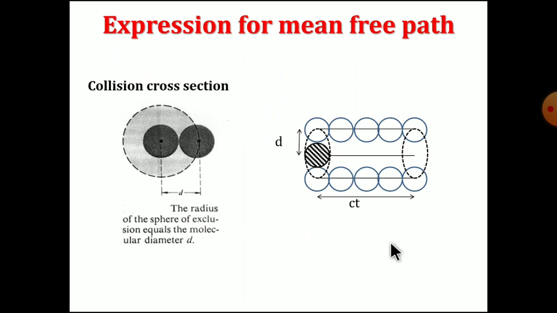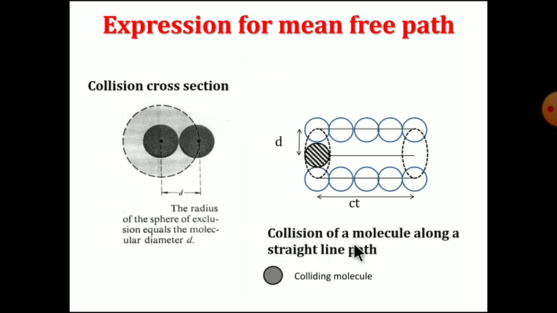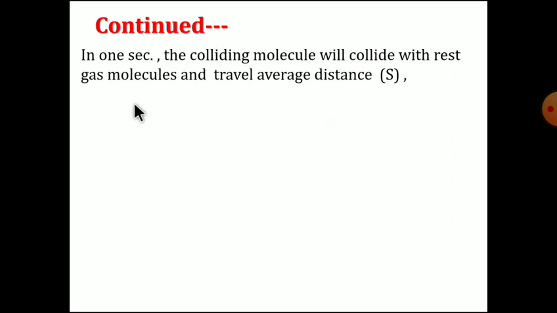Now we calculate the number of collisions the molecule can undergo along a straight line path. How do we find it?